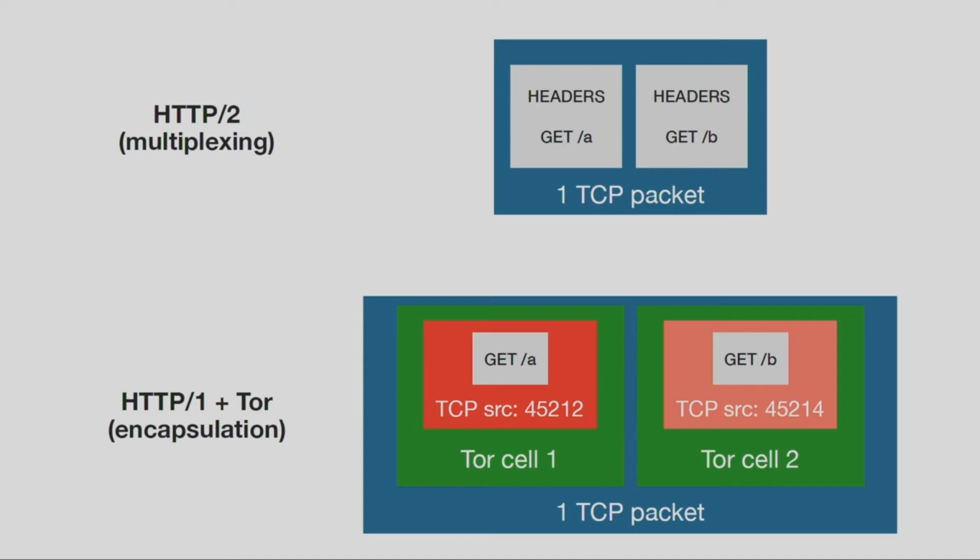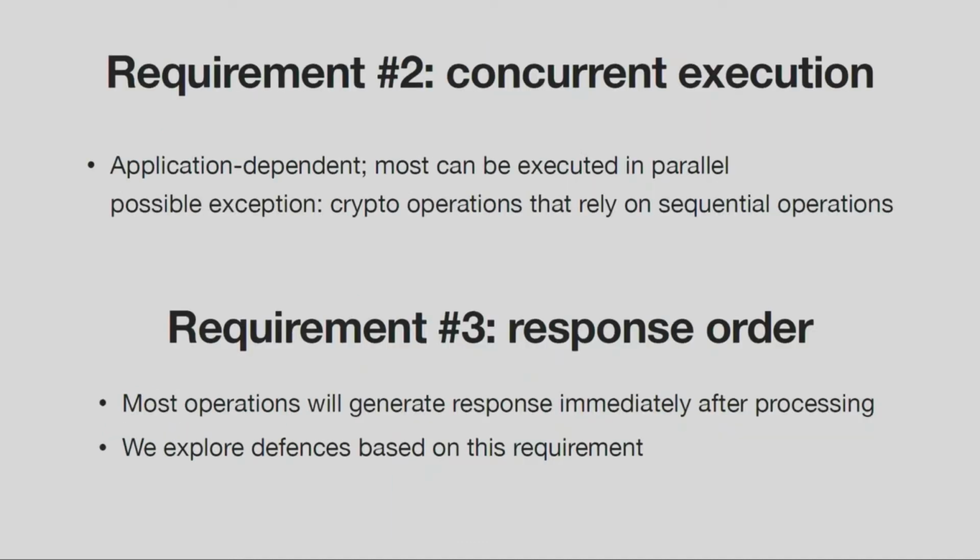And then for the two other requirements, on the one hand, we have the concurrent execution, and that's mainly application dependent. I think for most web servers, requests will be executed in parallel, so that wouldn't be a problem. There are some exceptions.